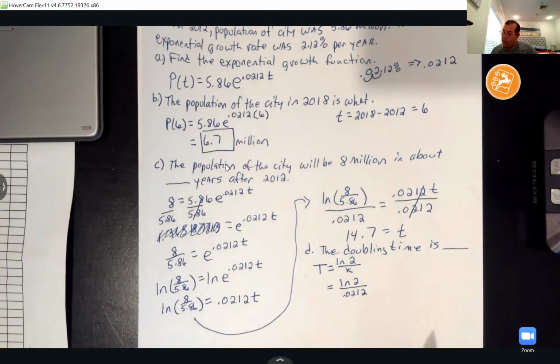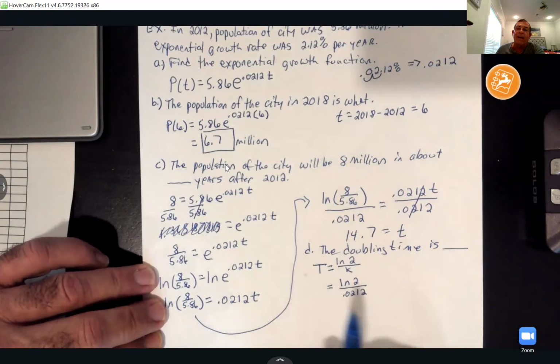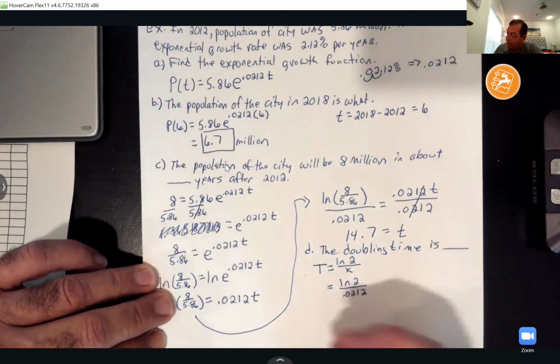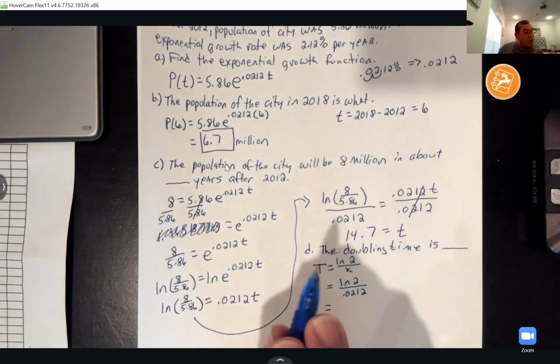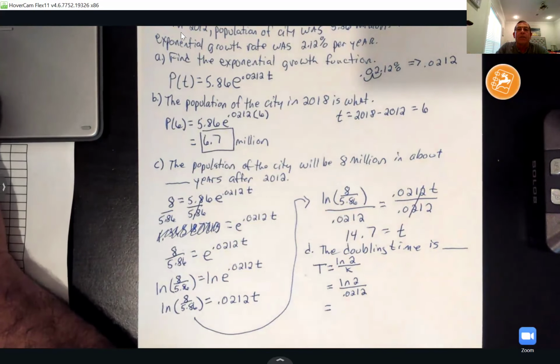So let's look, it's 8 million, so doubling it, we're basically finding how long it takes to get to 16 million. Now this one, I'm rounding to 1 decimal place also. So let's punch that in.